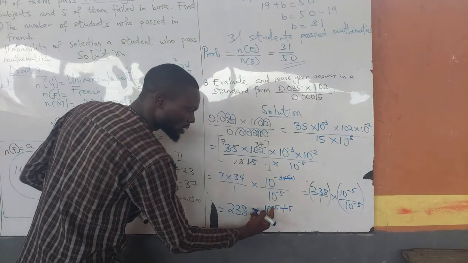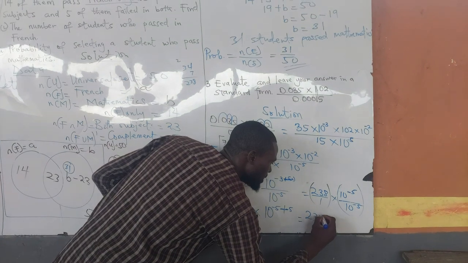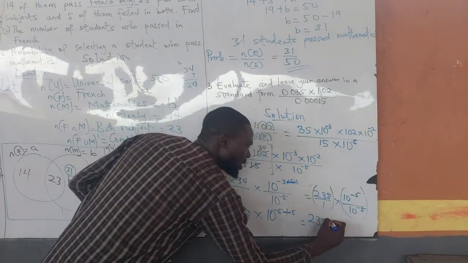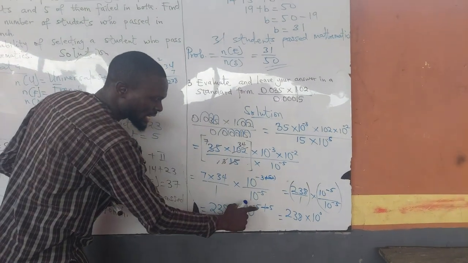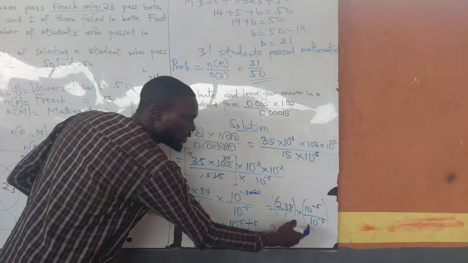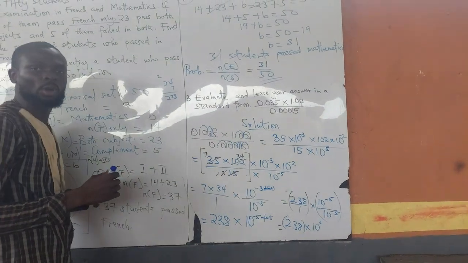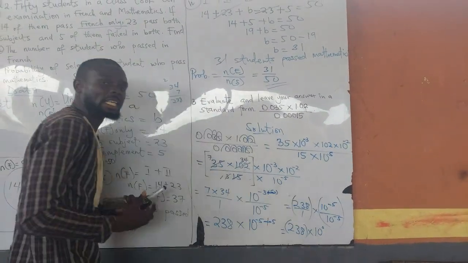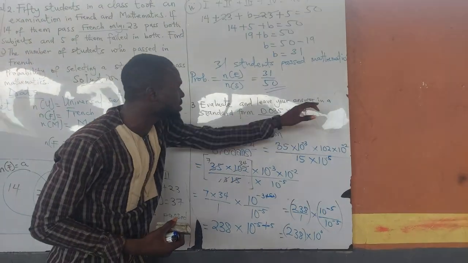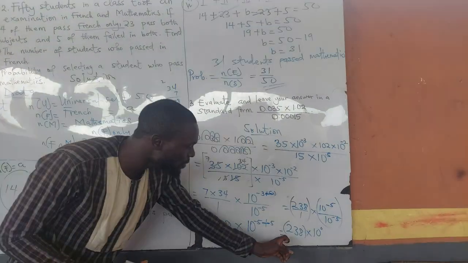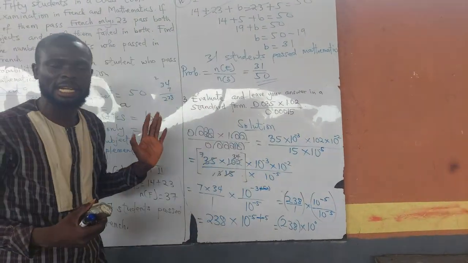Now what happens to this? This gives you 238 times 10 raised to the power 0, because negative 5 plus 5 gives you 0. Now this number is not in standard form, so we change it to standard form, because the question said evaluate and leave your answer in standard form. 238 times 10 raised to the power 0 is not a standard number.